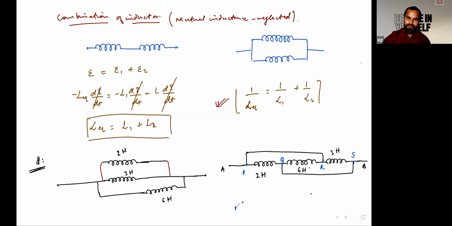For point P, it is connected by some connecting wire to R. As we know, there is no resistance of any connecting wire, so there would be no inductance for any connecting wire. It means P and R would be shorted together. Similarly, Q and S would be together. Is it clear?